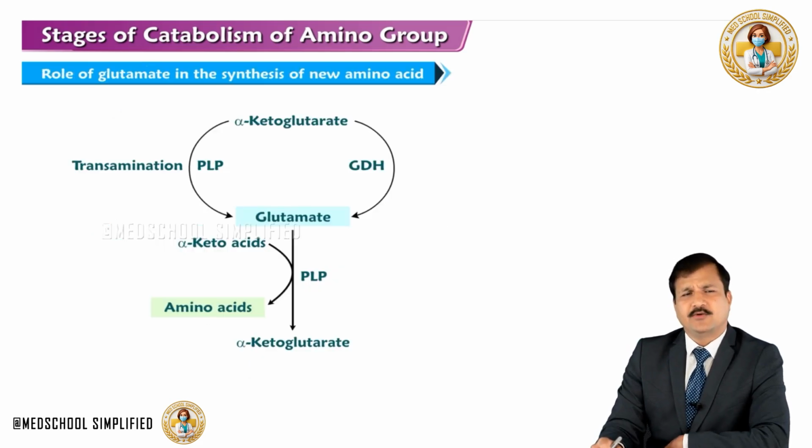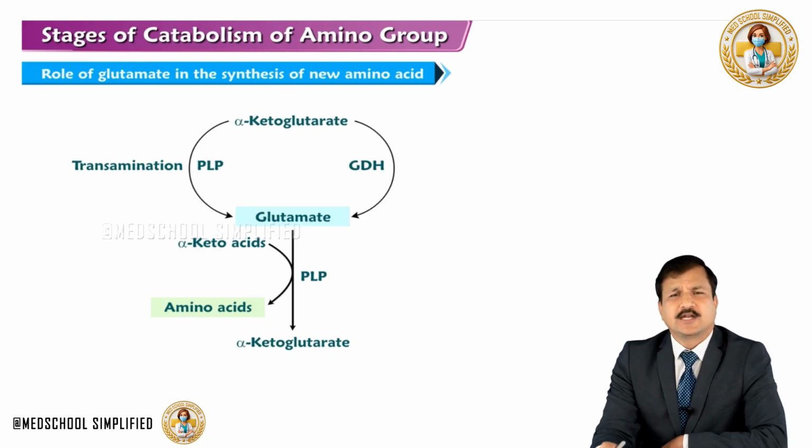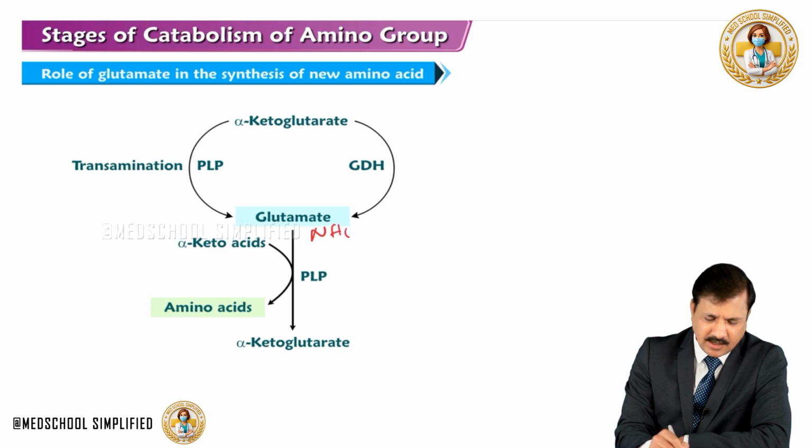Now let's move on to see what is the role of glutamate, which is one of the amino acids coming out of the transamination reaction. This glutamate can be helpful in the formation of a new amino acid, because transamination reactions are reversible reactions. Glutamate can donate its primary amino group, that is NH3+, to a new alpha-keto acid.